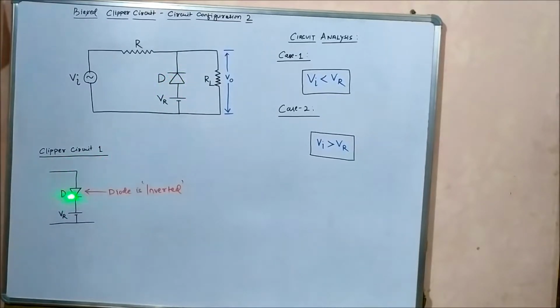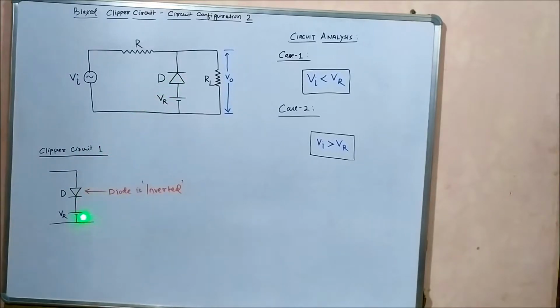But in the previous video, the circuit configuration of bias clipper circuit which we discussed, the diode was in inverted position, just rotated by 180 degrees. It means that the P end was towards the top while the N end was at the bottom. The P end is this arrowhead type and the N end is the bar type. So you can see the position of the diode is inverted.